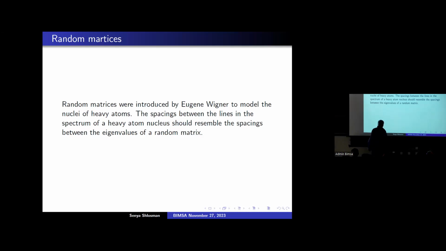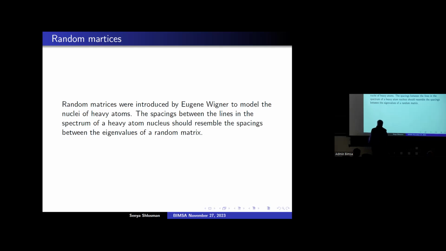He came with the idea, with the feeling, that the spacing between the energy lines should look like a spectrum of large random matrices. That was his idea, and that is why he was studying random matrices.